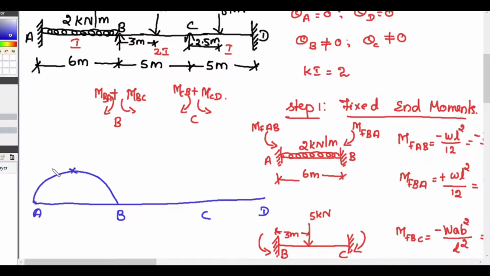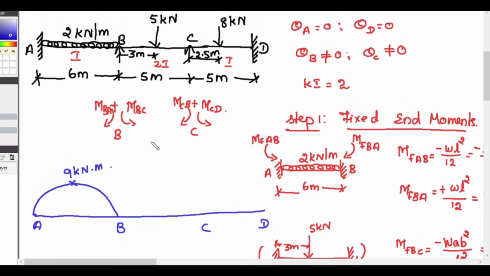So here the maximum bending moment will occur at the center. So it is 9 kilonewton meter. And for the span BC, the maximum will occur at the point where the concentrated load acts, and that is equal to 6 kilonewton meter. And thus here it is 10 kilonewton meter.